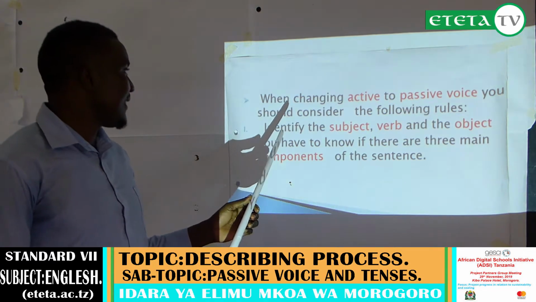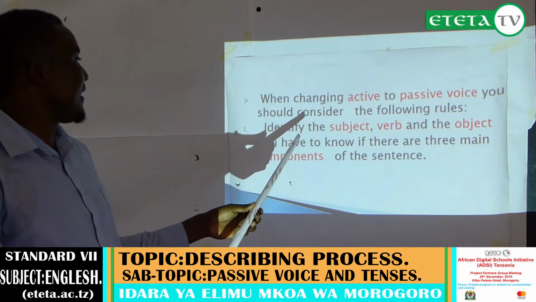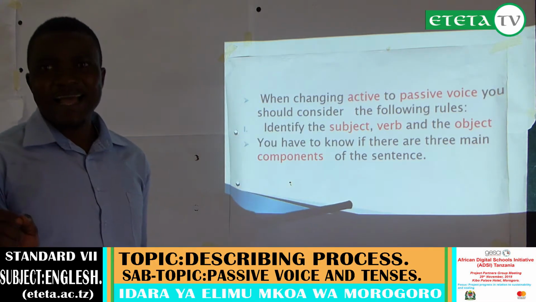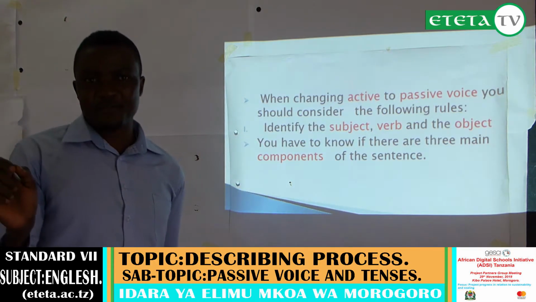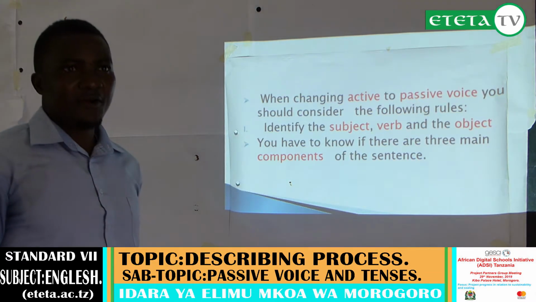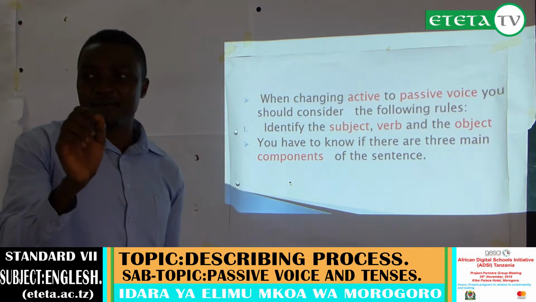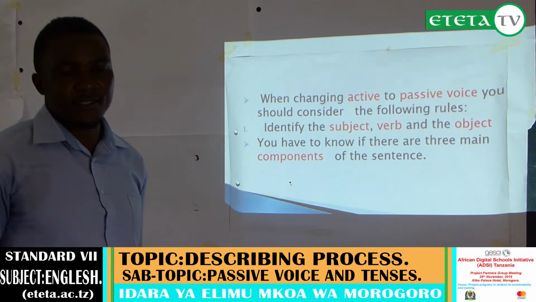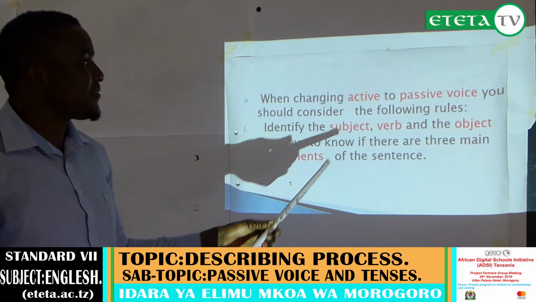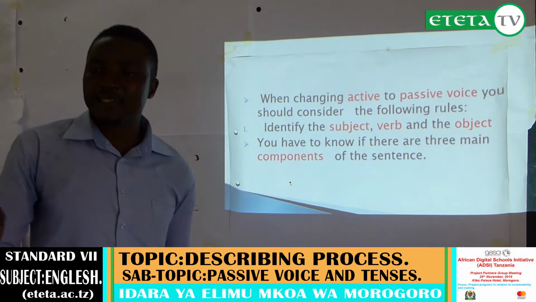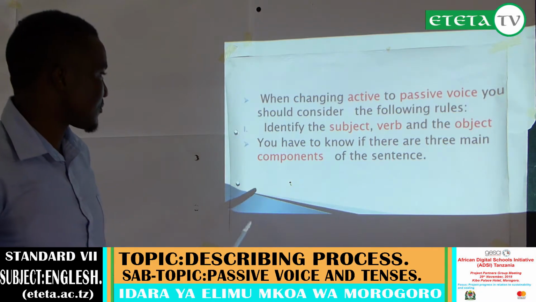Yes. We said that when changing active to passive voice, you should consider the following rules. Do you know the meaning of rules? Rules are just principles or guidelines when you are performing a certain activity. So here, these rules will help you when changing active voice to passive voice.